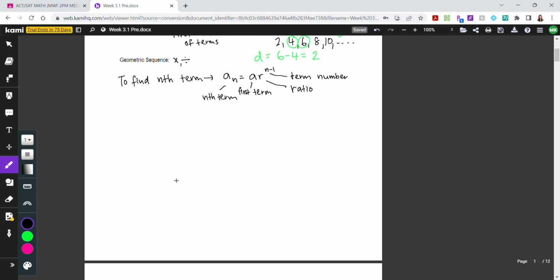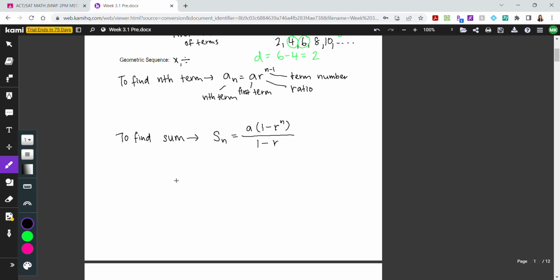Okay, now to find the sum of a geometric sequence, we would need to use this formula. All right, so it'll be S_n equals a times (1 minus r to the power of n) divided by (1 minus r).